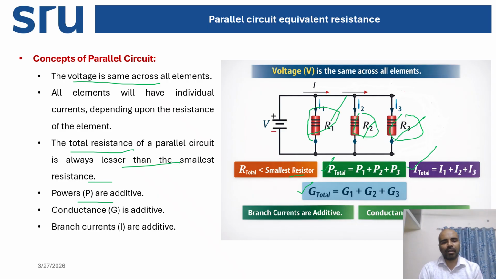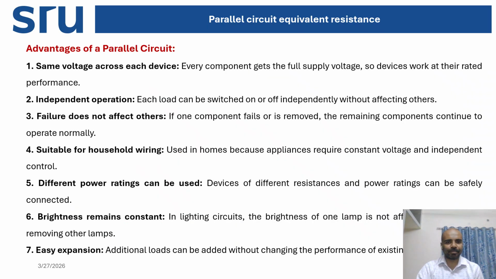Conductance is equal to 1 by resistance, so it is also additive in nature. So the branch currents, that is I1, I2, I3, are additive in nature, and the conductance, that is 1 by resistance, is also additive in nature. So these are the unique properties of parallel circuit equivalent resistance. I hope you got it.